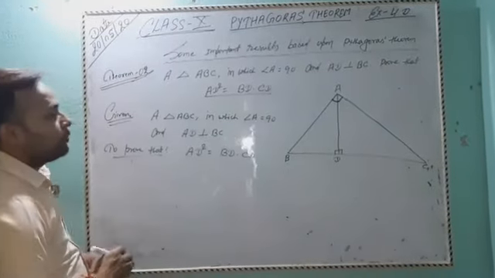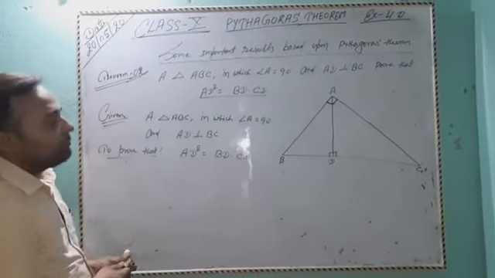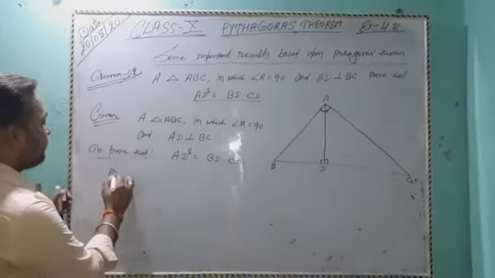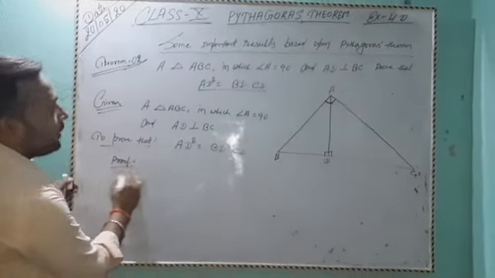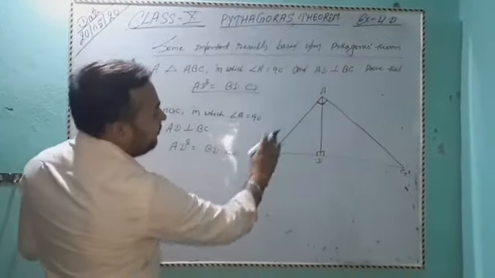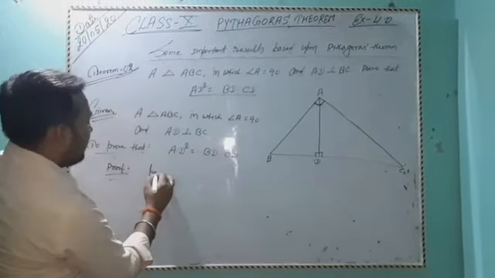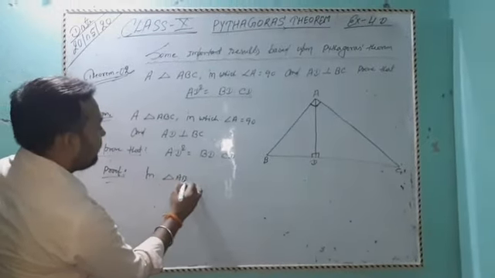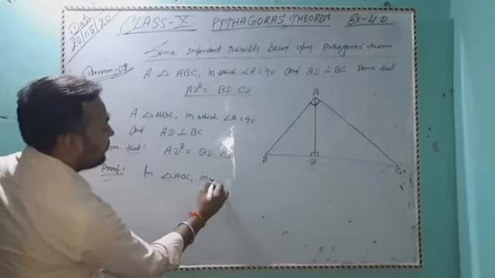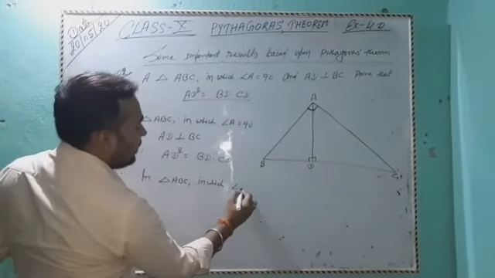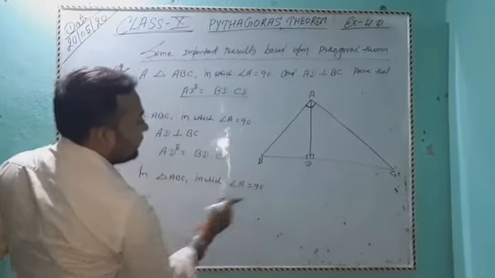Okay. So let's start proof. In right triangle ABC, in which angle A equal to 90 degree.